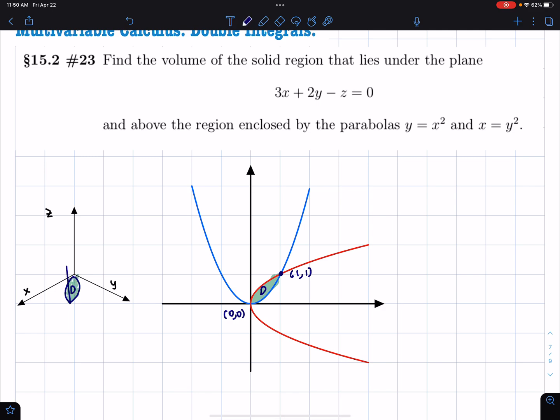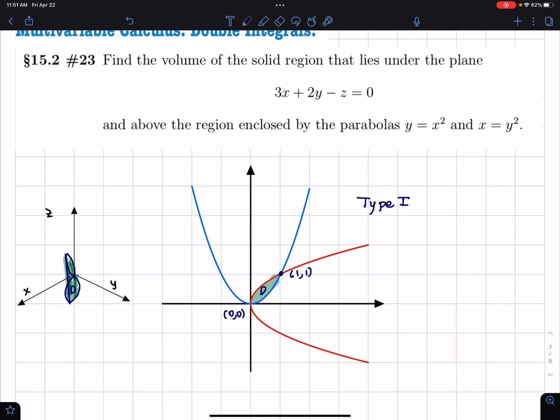And then what's above is a plane, and we're trying to find that solid. Okay, this region is type 1, and what does type 1 mean?